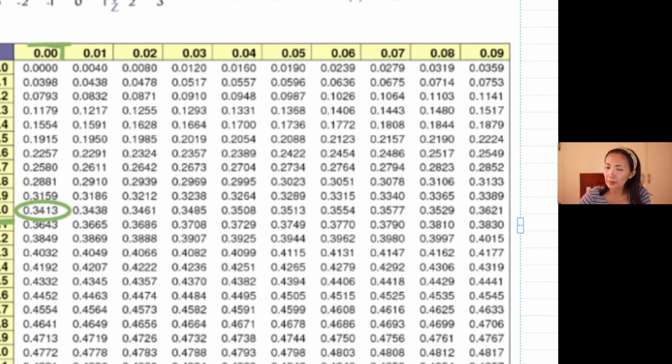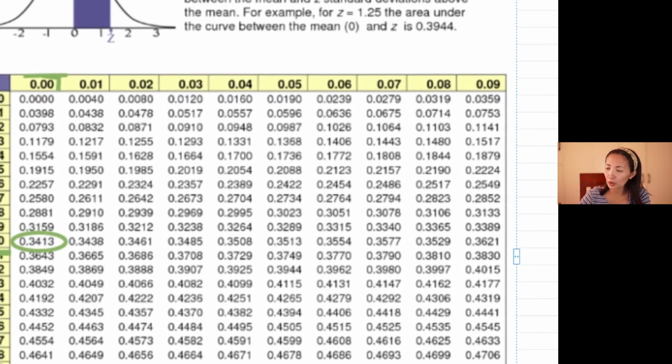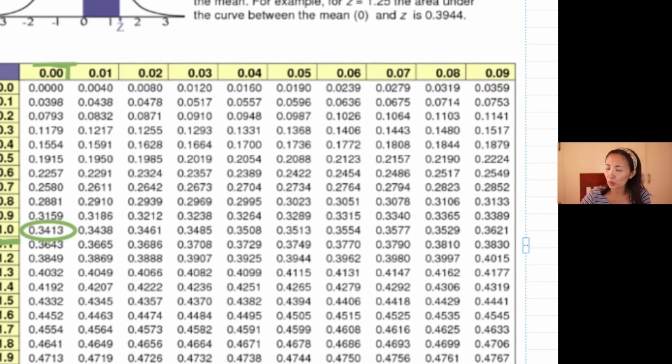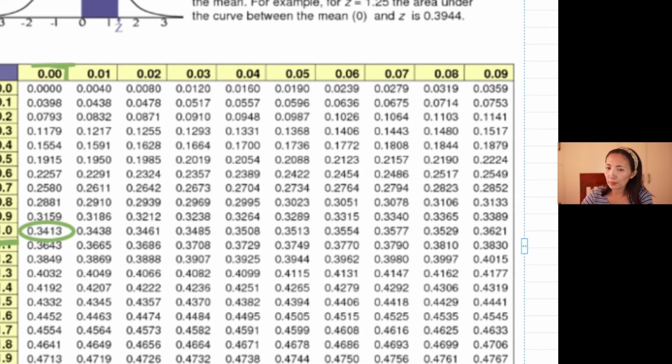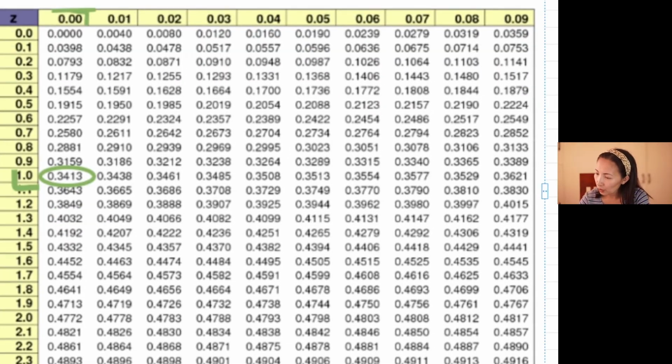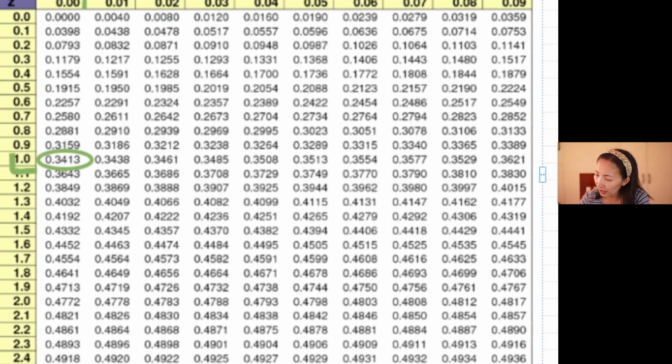So from the mean, the center, from 0 to that z score. What are we looking for? 0.45. So where is 0.45 found? 0.45 is in between 0.4495 and 0.4505.